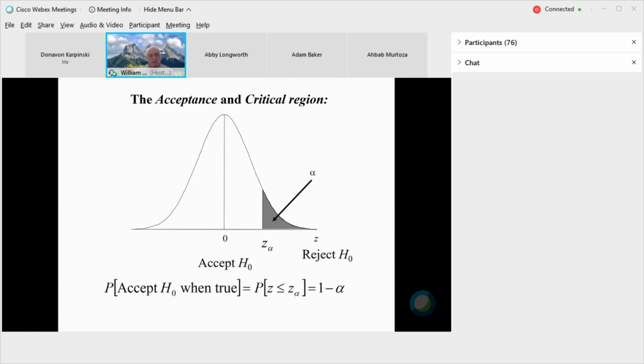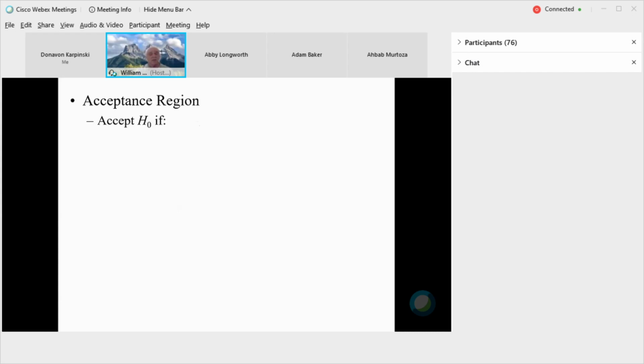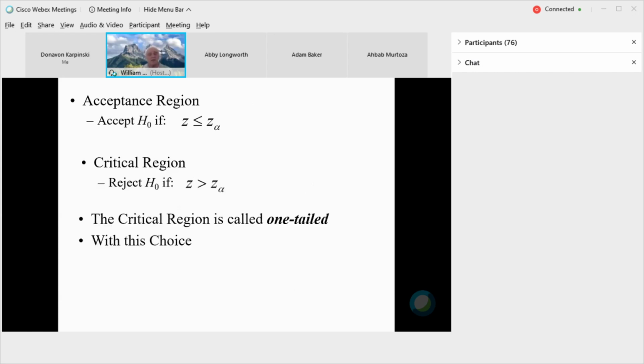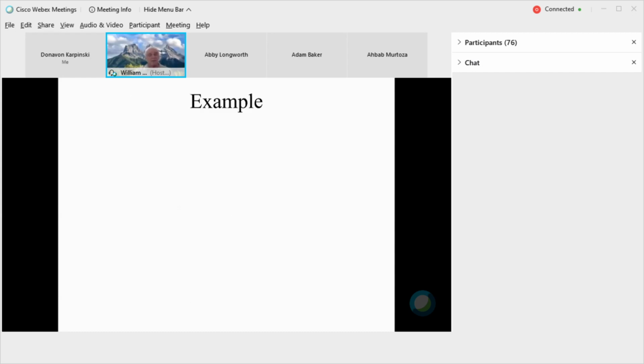With that choice, the chance of accepting H naught when it's true is equal to 1 minus alpha. The chance of rejecting H naught when it's true is equal to alpha. So you accept if Z is less than or equal to Z sub alpha, reject if Z is greater than Z sub alpha. The critical region this time is called a one-tailed critical region. And with this choice, the chance of making a type 1 error is still equal to alpha.